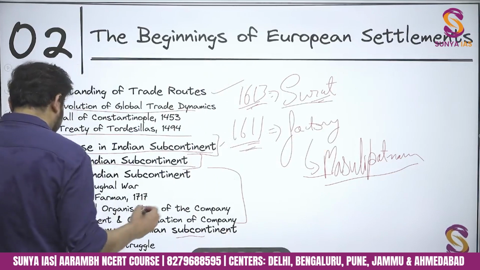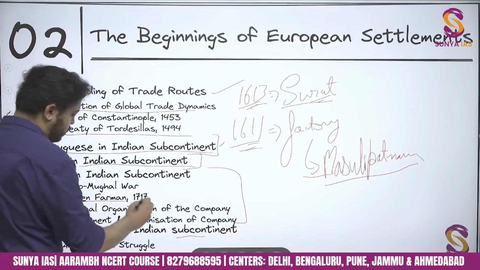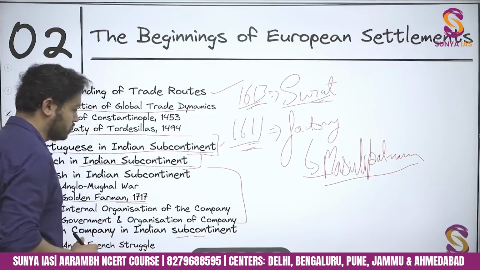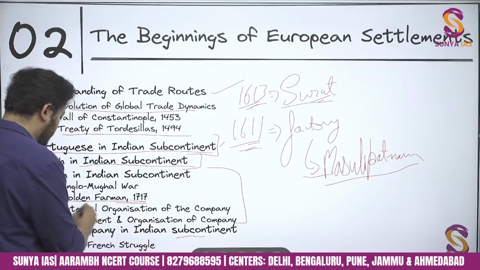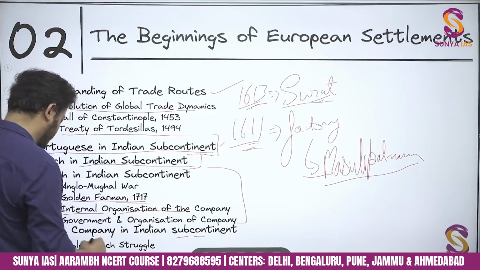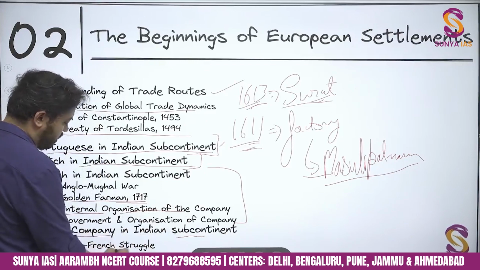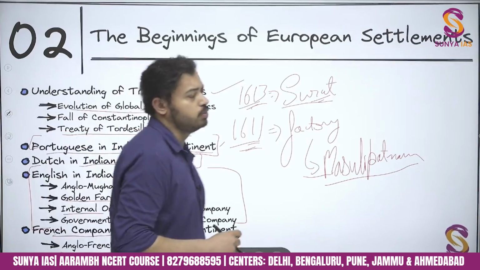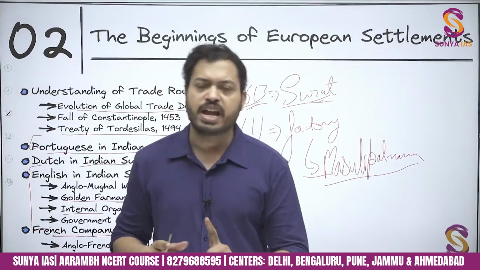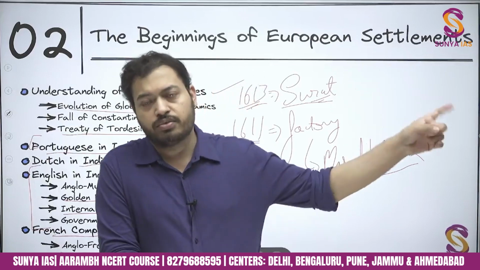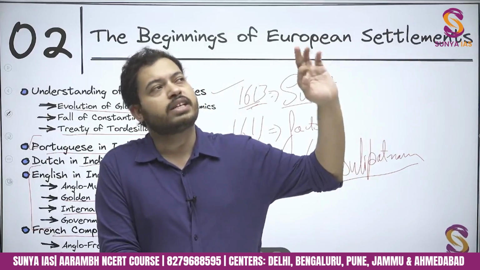Now, after that, we discussed in detail the Golden Farman, its long-term implications, and the internal organization of the company. We covered that part, and then we discussed the Anglo-French struggle. In it, we discussed the first Carnatic War and the second Carnatic War.